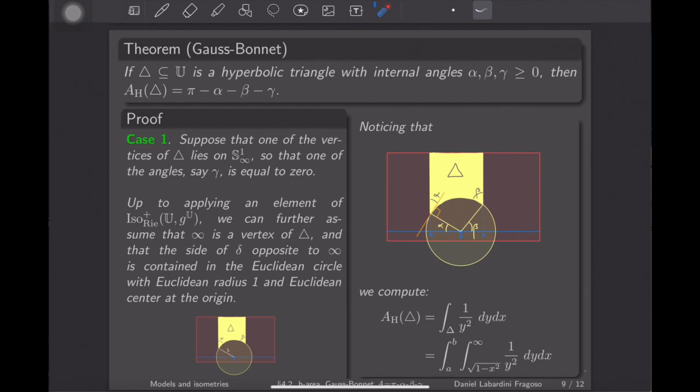Okay, now we are going to prove Gauss-Bonnet's theorem in two cases. In the first case, we are going to suppose that one of the vertices of the triangle is a point at infinity, or equivalently, the corresponding angle that subtends it is equal to 0.